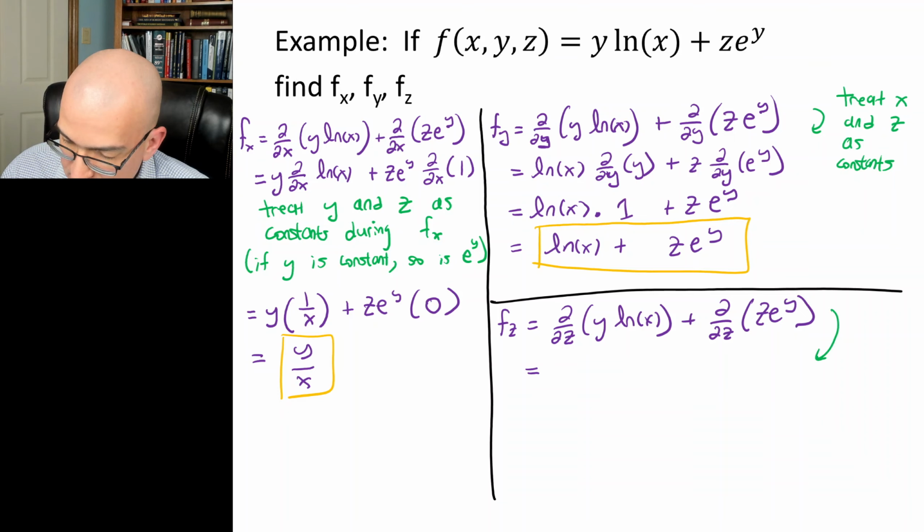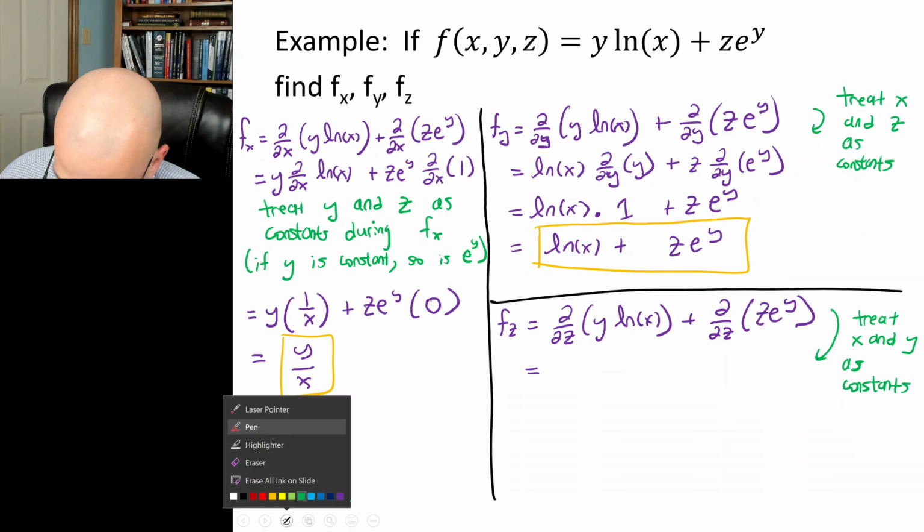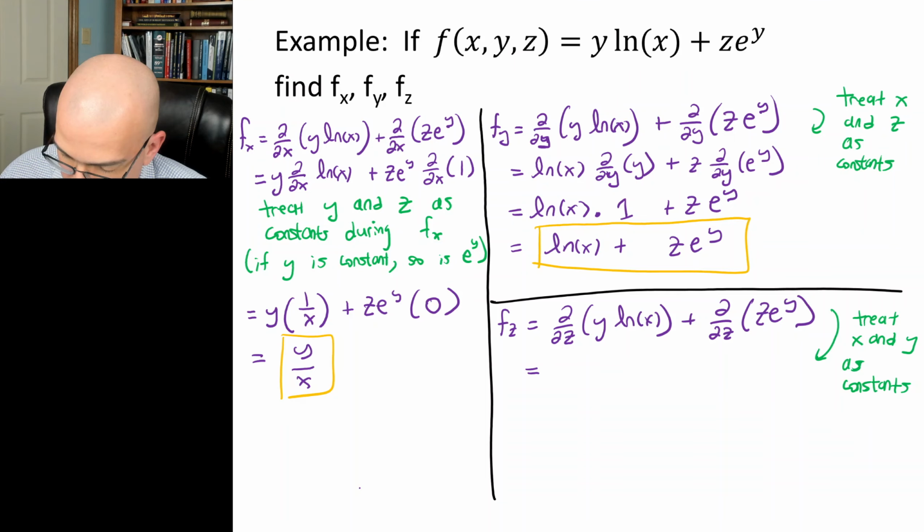So now we're going to treat x and y as constants. So the y and the ln of x will come out of the first term, y times ln of x times the z derivative of 1, plus e to the y can come out, times the z derivative of z.